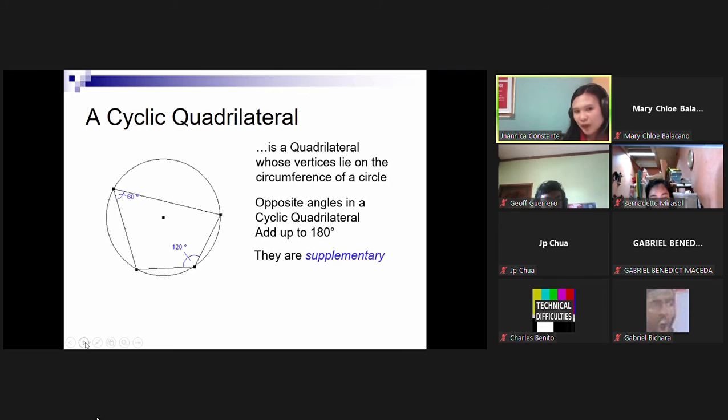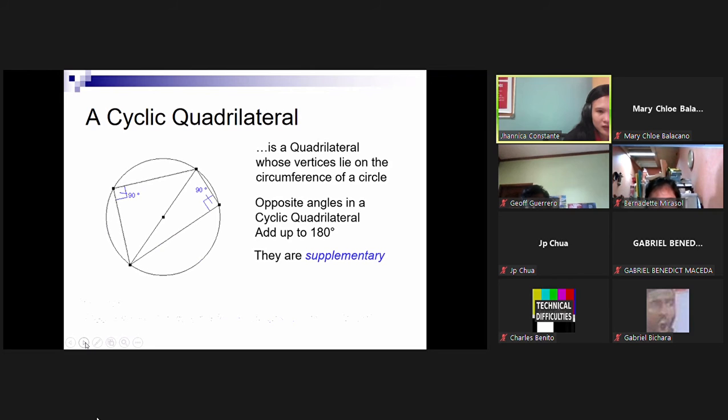So for example, we have another example, 60 plus 120 is equal to 180 degrees. So opposite angles in a cyclic quadrilateral add up to 180 degrees.